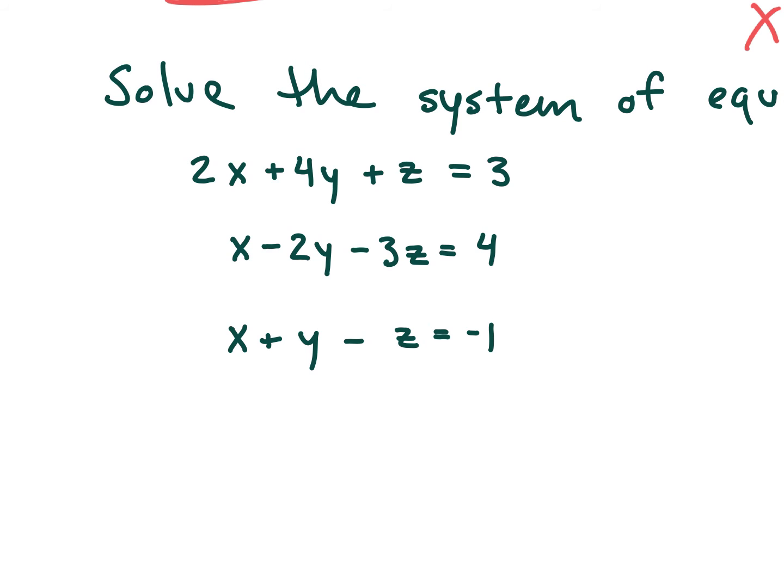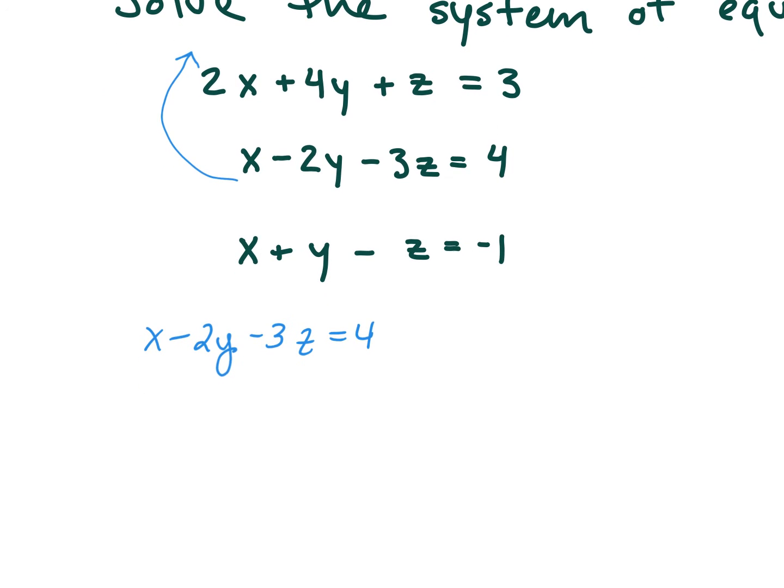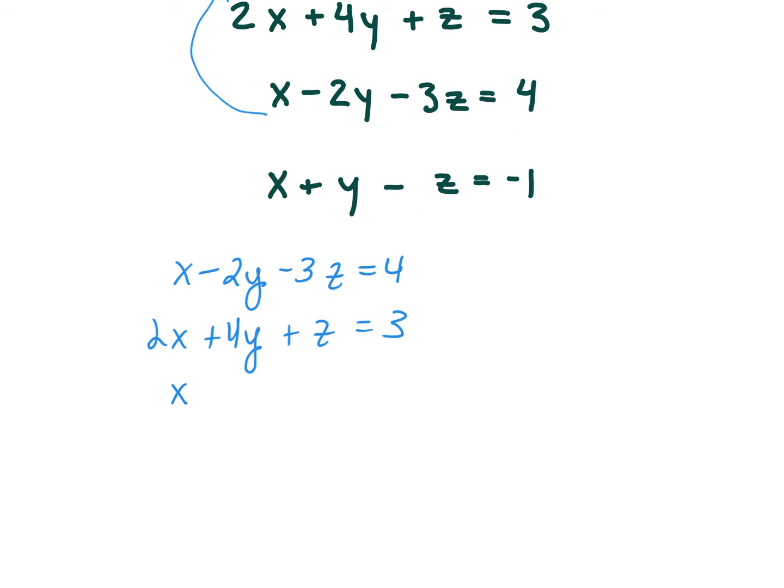Doesn't matter which one you use, just move one of them to the top. So I'm going to rewrite this as x minus 2y minus 3z equals 4. It doesn't matter how you write the rest of them. I'm just going to write the top one underneath: 2x plus 4y plus z equals 3, and x plus y minus z equals negative 1.